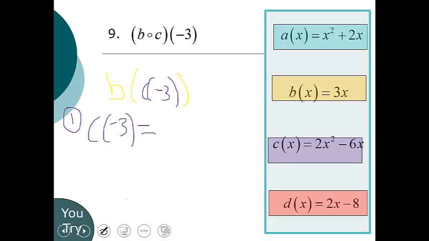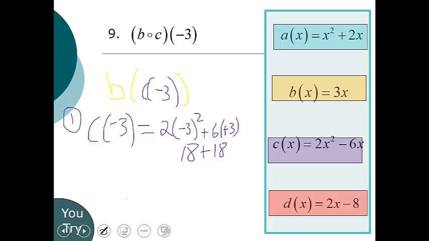Okay, so what I'm going to do is first do C of negative 3. That's equivalent to, notice I'm taking away the placeholder here, 2 of negative 3, quantity squared, minus 6 of negative 3. If I evaluate this, I get 9 times 2, which is 18. I'm doing order of operations, and since the negative 3 is in parentheses, that's a positive. Negative and negative become a positive.